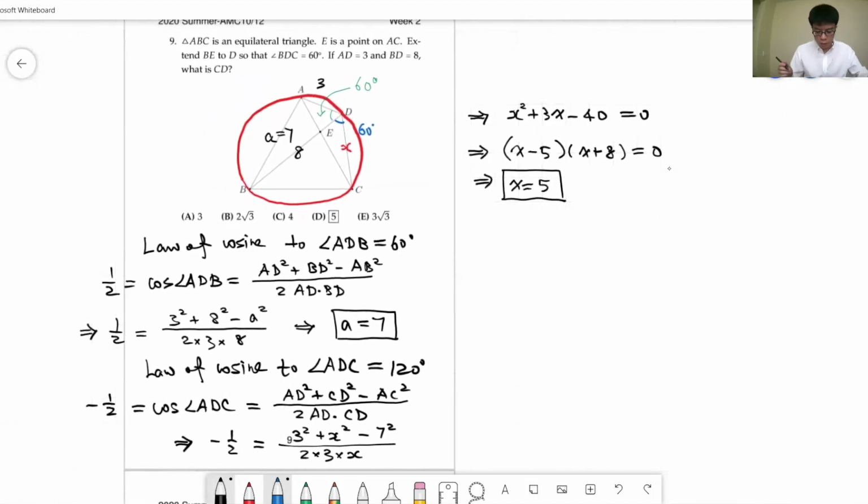Let me tell you another approach, slightly different, to solve CD. Let me call the first one method 1, and this method 2. We still use the law of cosines to find the side length equals 7.